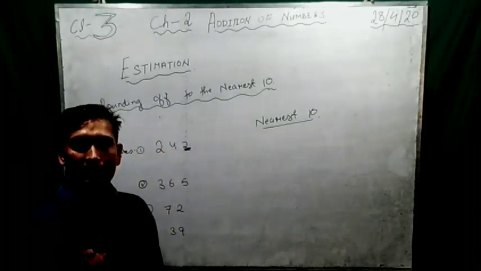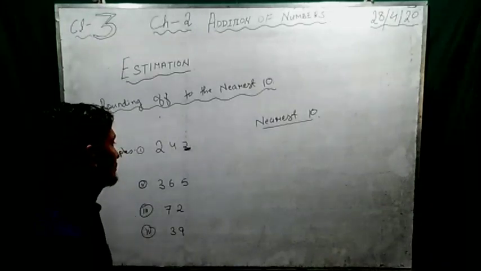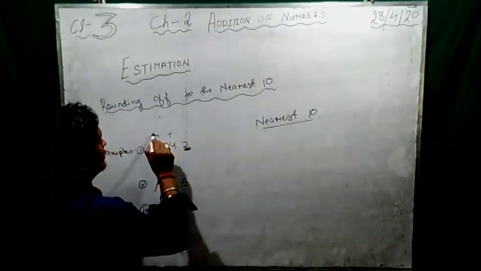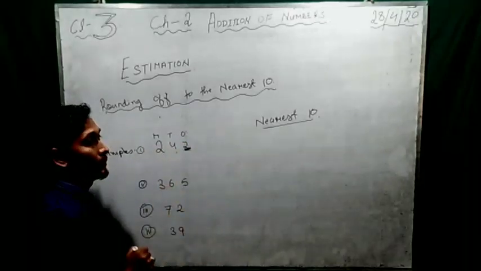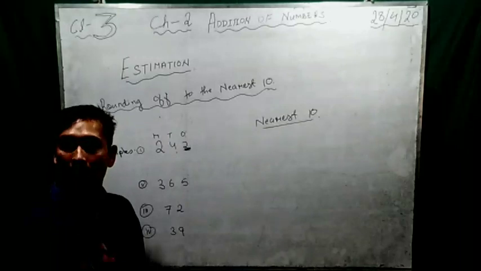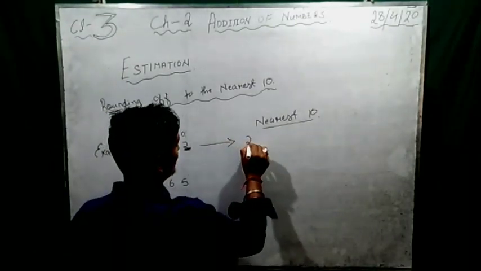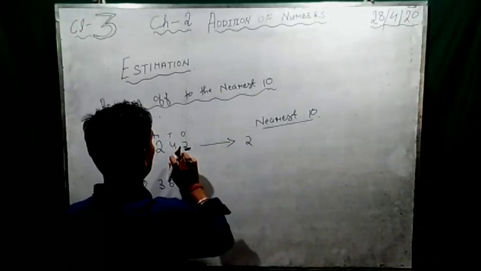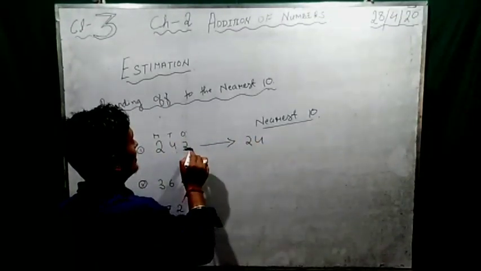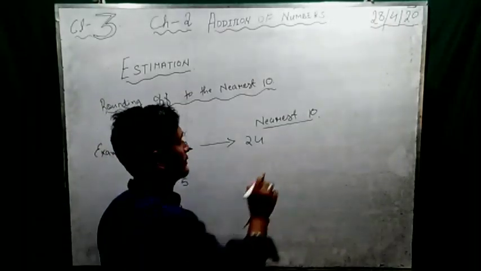If it is less than 5, then the tens digit will remain the same, and we replace the ones digit by 0. So the hundreds place digit will remain the same, and the tens place digit also remains the same, because the ones place digit is less than 5.